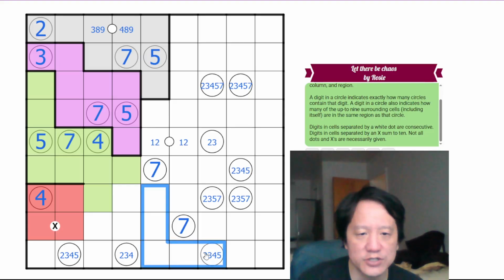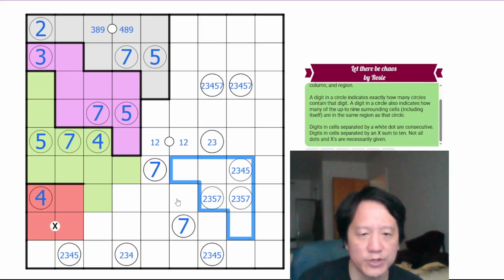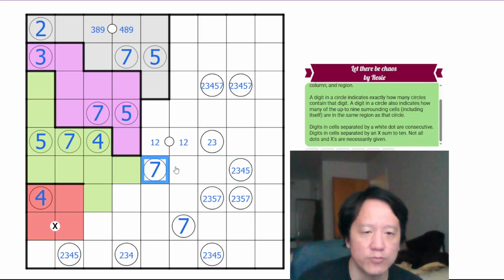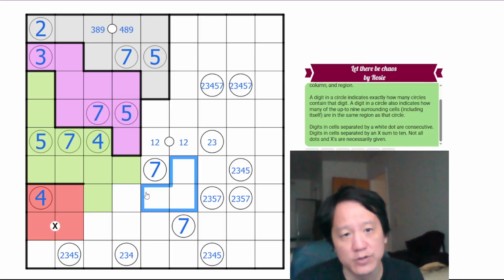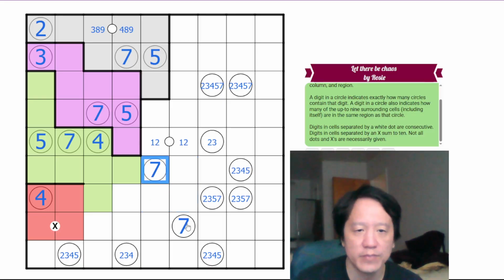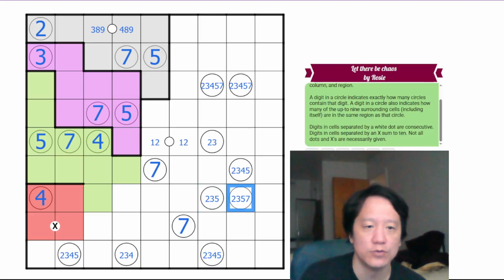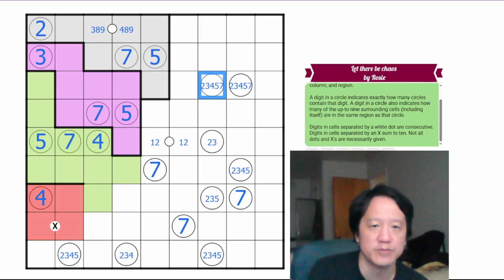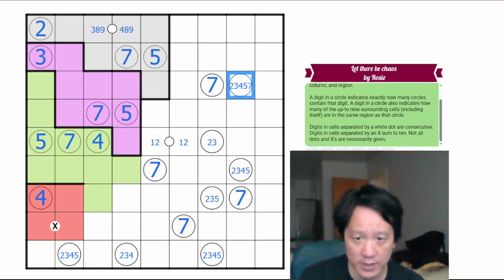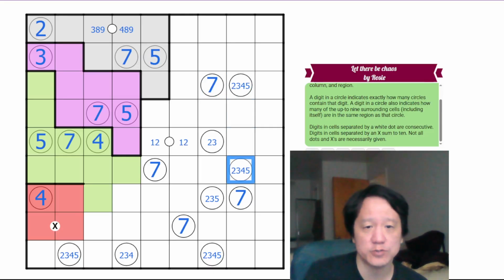You'd have to have 6 digits here, which are part of this region, 6 digits here, which are part of that region, and these two must be part of these regions here, then. But the problem is, this 7, then, would have 3 cells which are not part of its region, which is not allowed. So this cannot be 7 here, which means 7 in row 7 has to be here, which means this can't be 7. So that must be 7 there, excuse me.